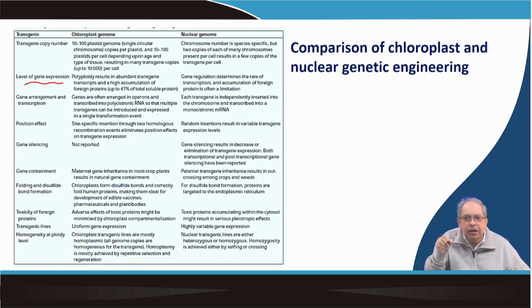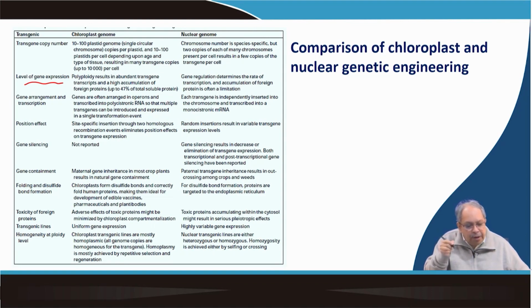Because, as I said, a single plastid may contain from 20 to 100 circular DNA, and if each circular DNA receives the gene, then each plastid contains, if there are 100 circular DNA, 100 copies of the gene. A cell contains, say, around 50 plastids. So 50 into 100 means 5000 copies of the gene. That means the level of expression will be so high that you cannot compare it with that of nuclear transformation.